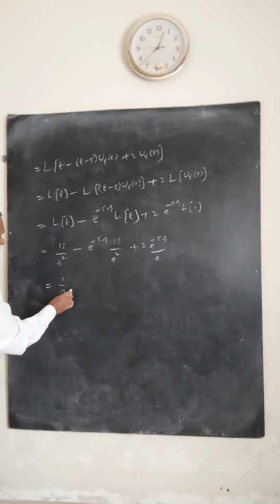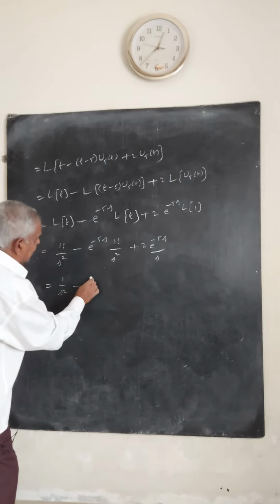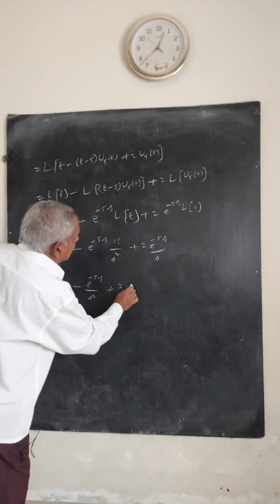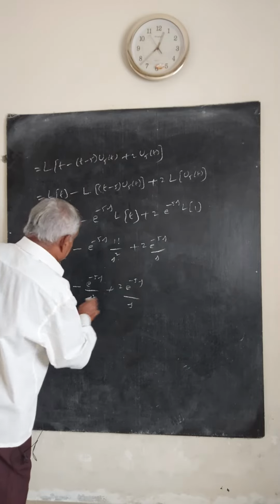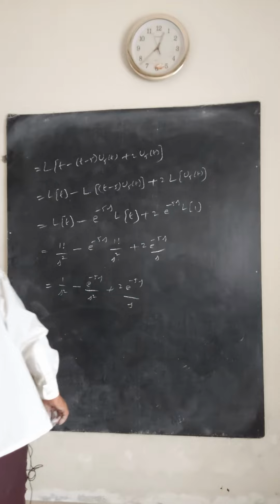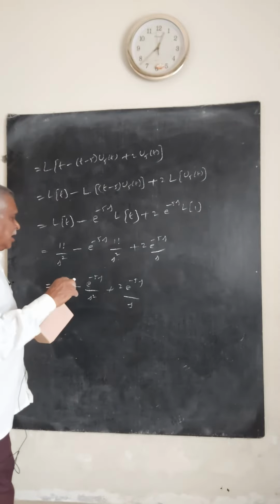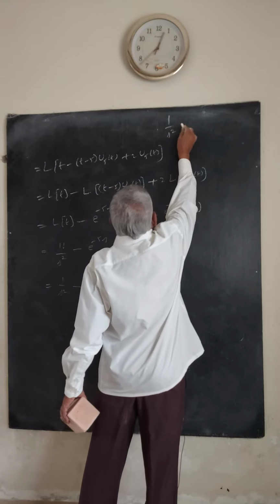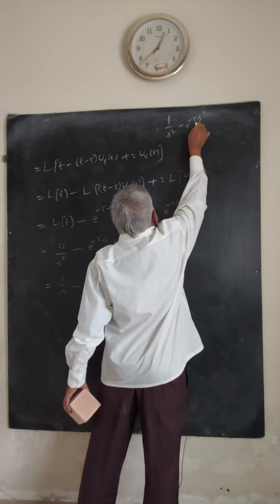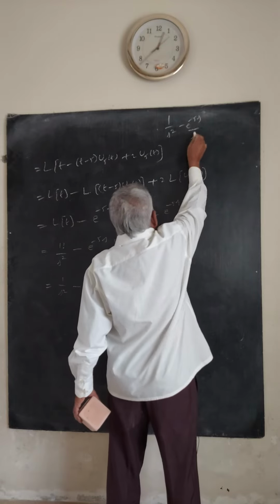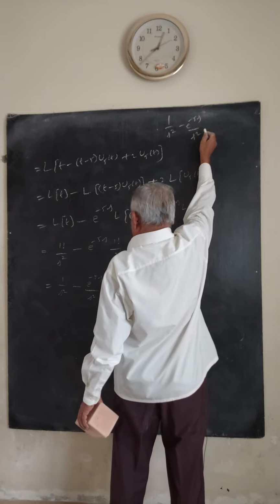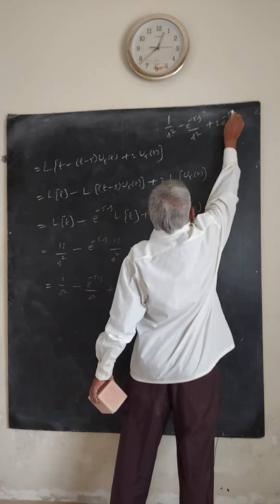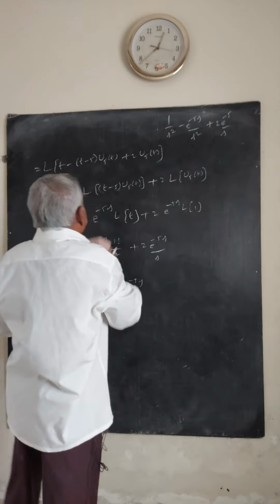So 1 by s square minus e power minus 5 s by s square plus 2 e power minus 5 s by s. This is the answer. The same sum we are going to see in the direct method.